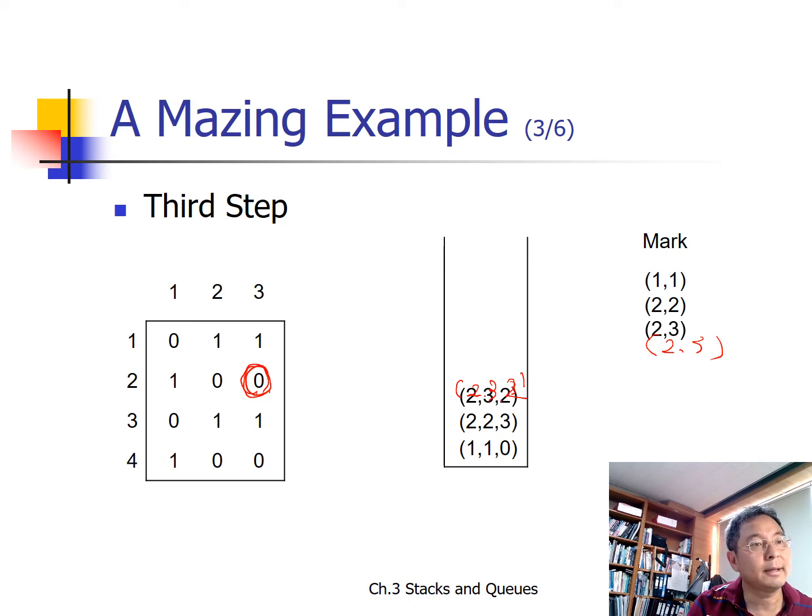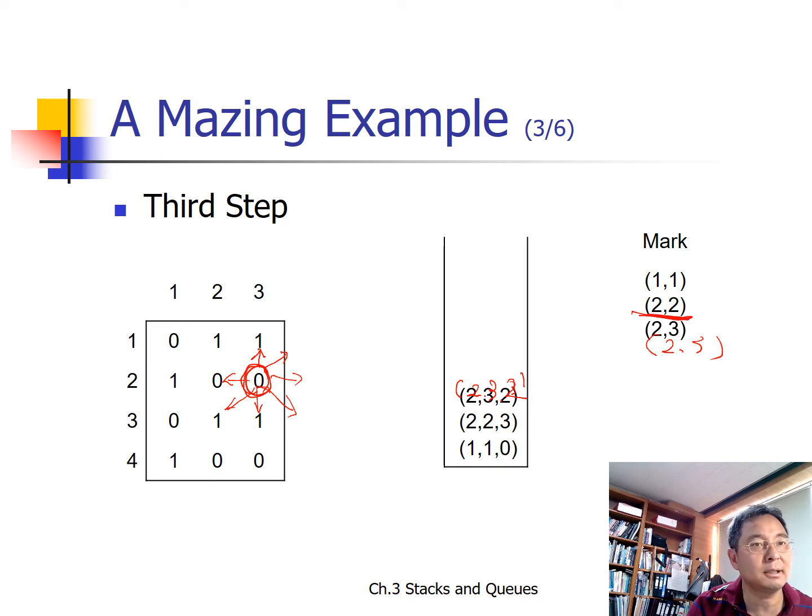And next, we will search possible directions from here. North is no. Outside, outside, and outside. This one, wall, no. This one, wall. This one, okay, it is 0, but 2, 2 is stored in mark.